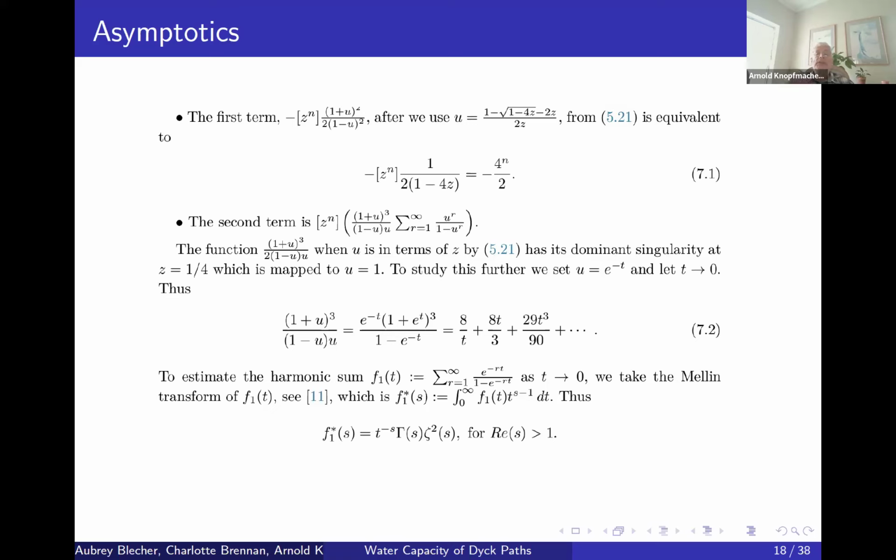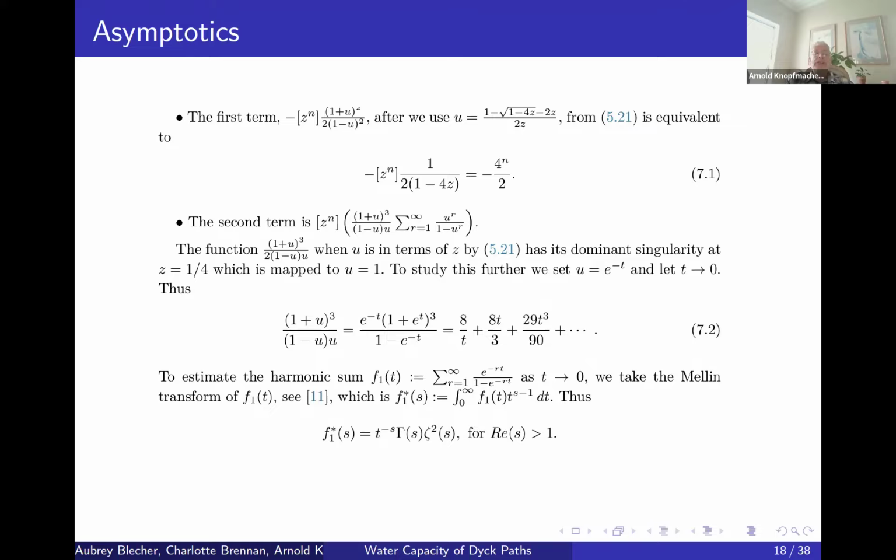And in terms of the t variable, this is not an elementary function, but there is a nice method for handling functions of this type, which is to use what's called the Mellin transform. The Mellin transform is just a common integral transform, similar in some ways to the Laplace transform, which is to say that we start with the function of t, we multiply by t to the s minus 1, and we integrate from 0 to infinity with respect to the t variable.